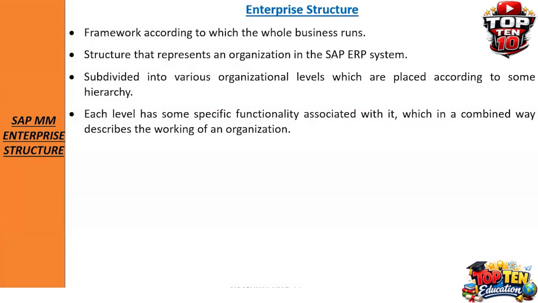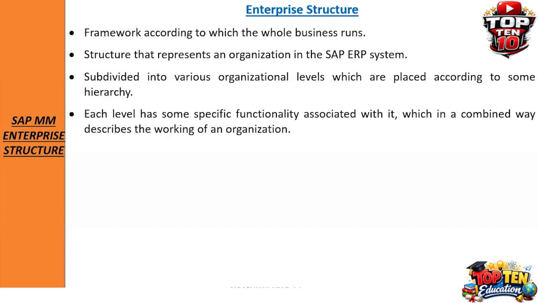Any organization, any company, has one kind of hierarchy system of its departments, of its organizational units. That organization structure is also known as enterprise structure in the SAP S4 HANA application.